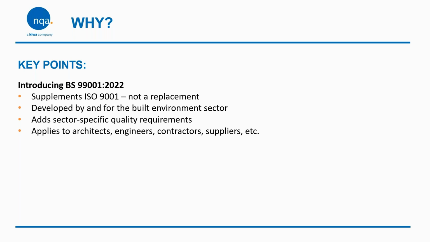So, introducing BS 99001:2022. It was specifically launched to bridge the gap between 9001's broad framework and the specific quality challenges of the built environment. It's important to note that BS 99001 is not a replacement for 9001. You still have to meet the ISO requirements, but BS 99001 adds a layer of sector-specific expectation to enhance how 9001 is applied.